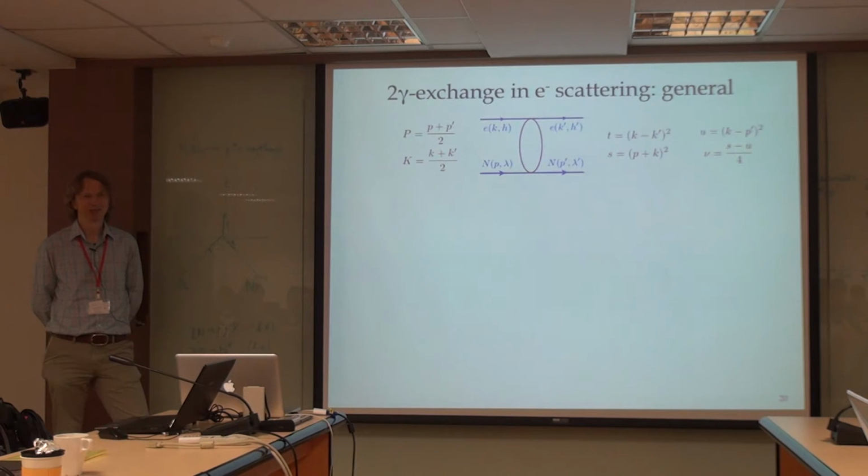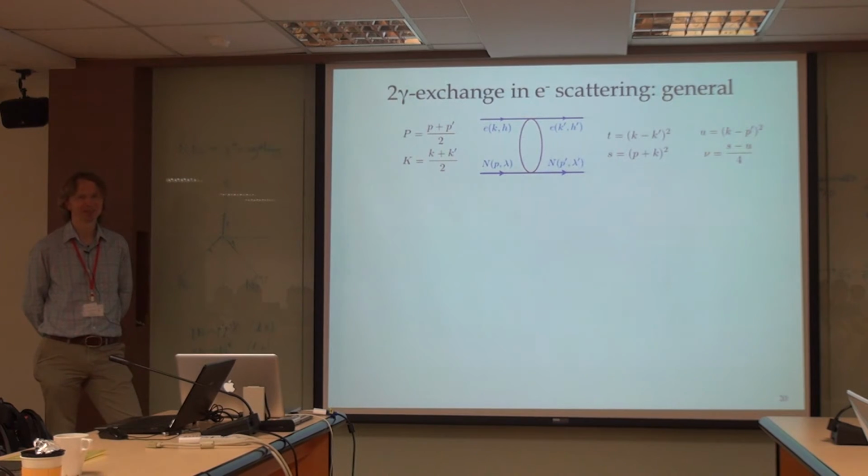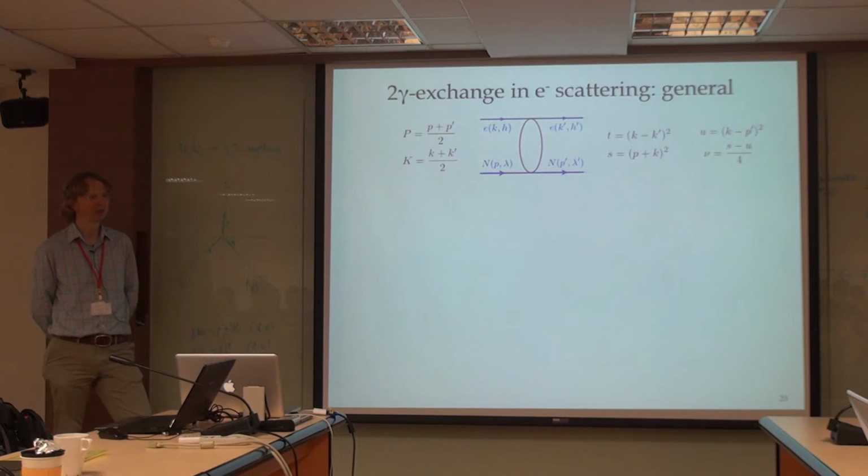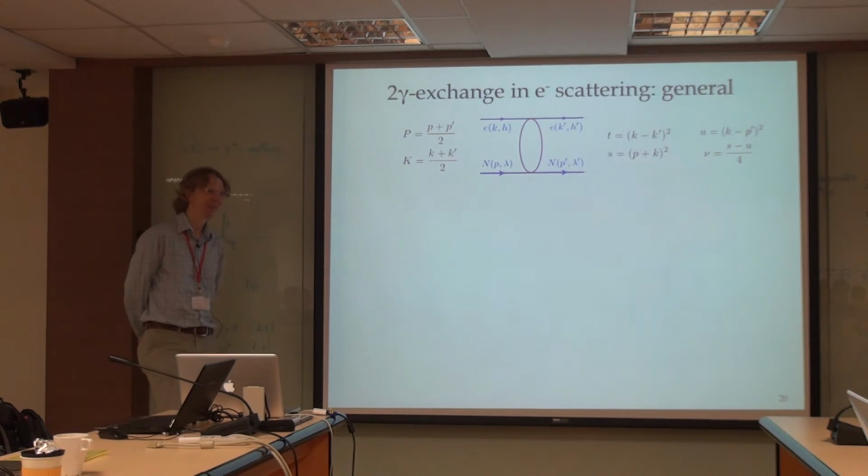So who wants to try? Just how many helicities does an electron have? So electrons and protons are spin 1/2. So they will have 2, right? So how many will you have in total then, combinations for this? 8.